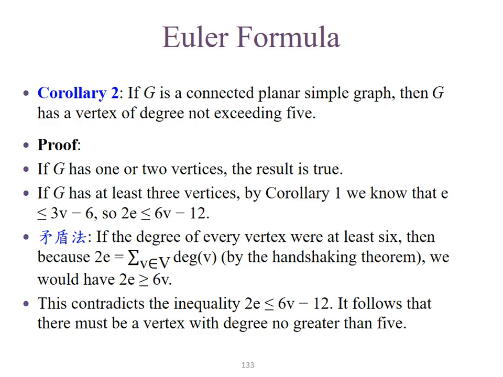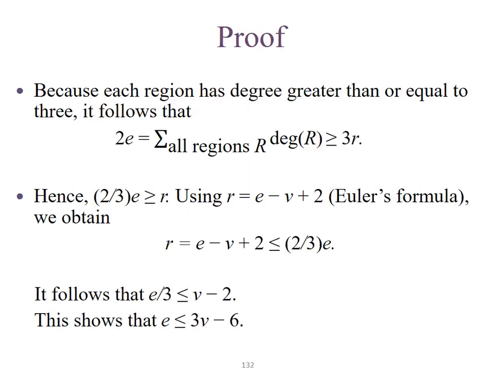So firstly, let's see, G is a connected simple graph. If G has one or two vertices, then this result is true, because when we have only one or two vertices, we would have a vertex of degree not exceeding 5. Next, let's see the results from corollary 1.